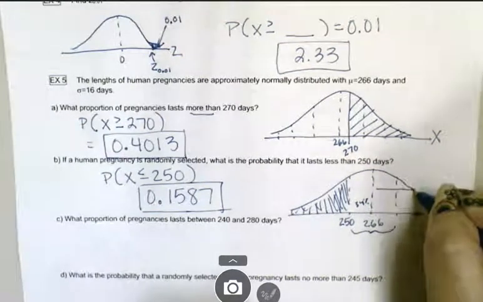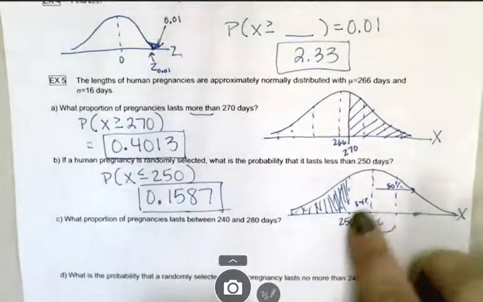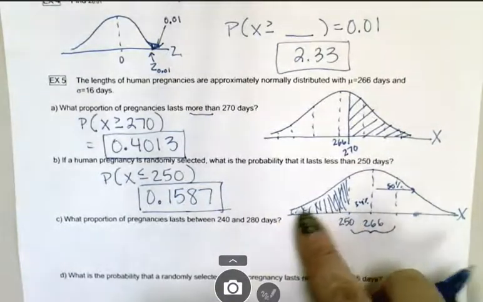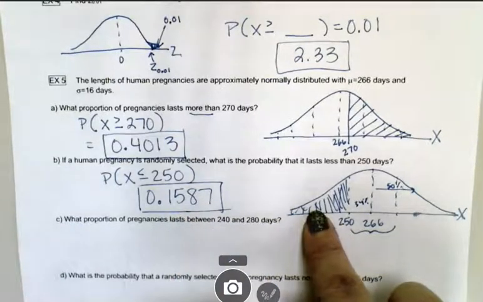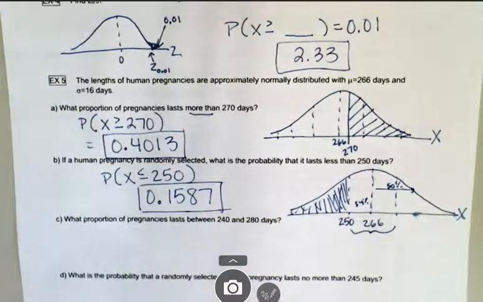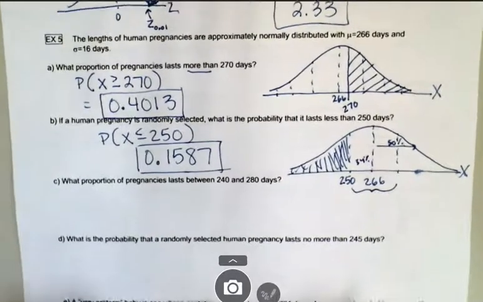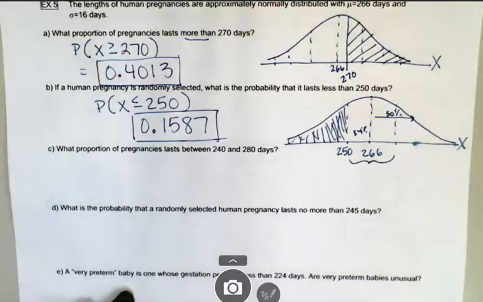Everything to the right of this would be 50%. So 84% leaves 16%, and look how close 16% is to the exact StatCrunch answer. So that empirical rule would get us something really close, just wouldn't get us to 4 decimal places. So that just gives you more love, hopefully, for the empirical rule.